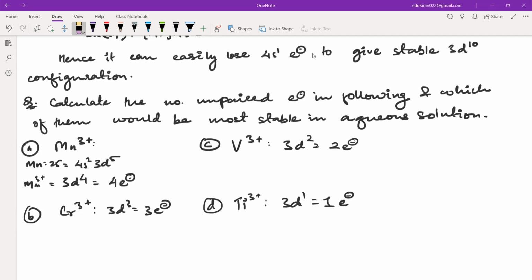Okay. Now, the next question is, which of the following will be more stable in aqueous solution? I think we did this in the last class.